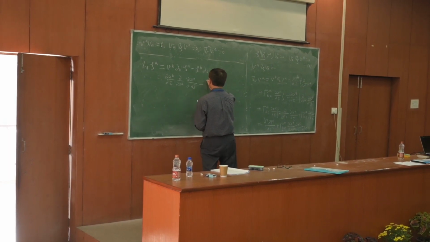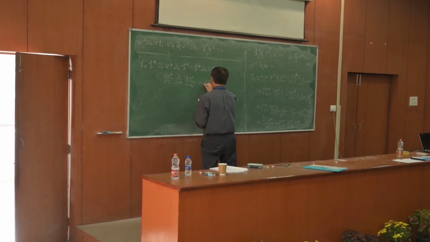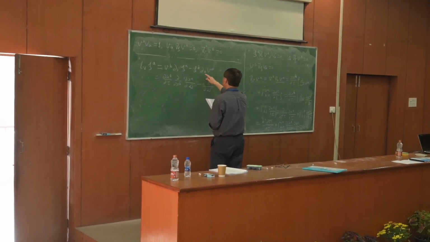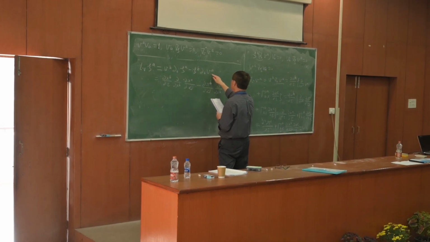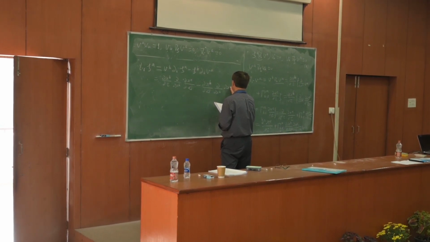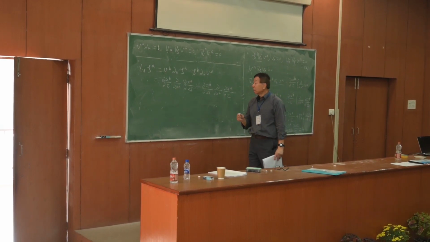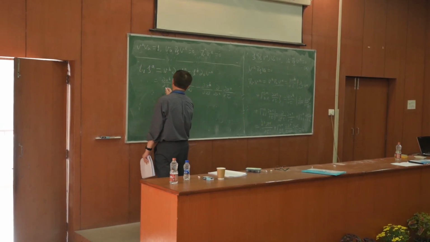Then minus dx a dx. This is b d nu. This one is dx b. By definition, this is x a d tau, correct? Now I'm going to use the chain rule again.